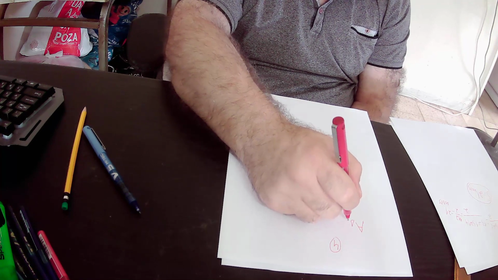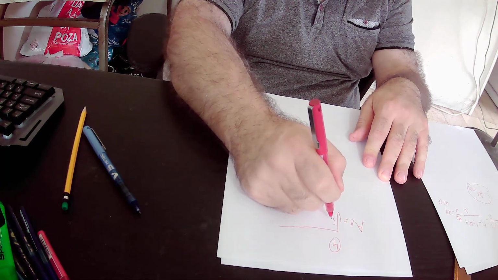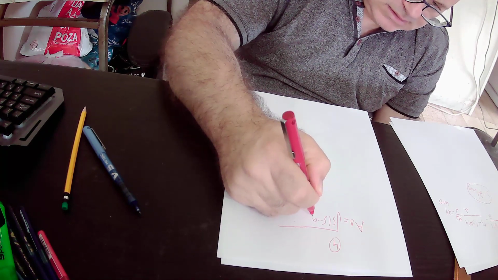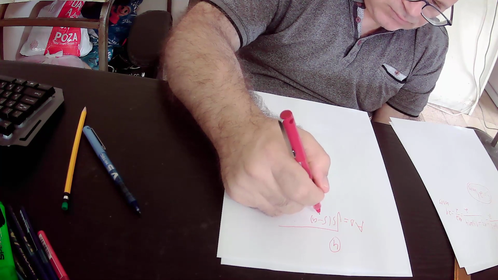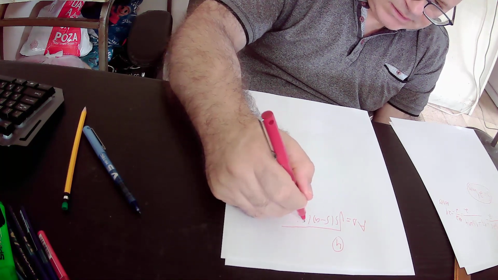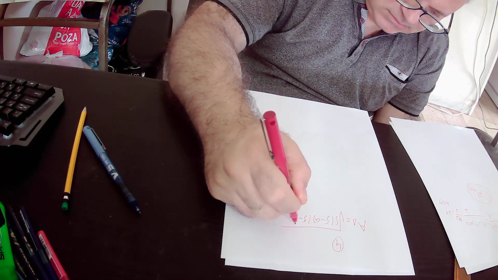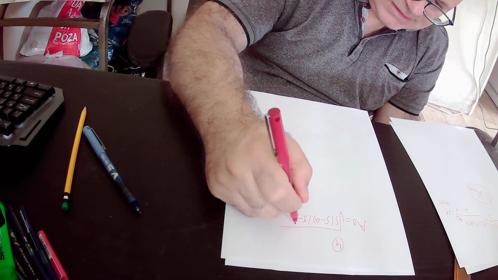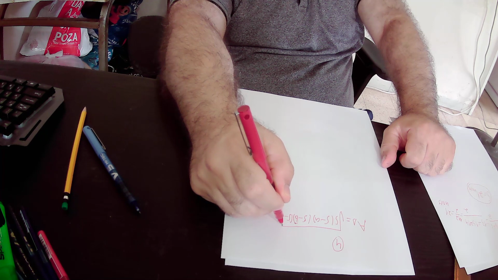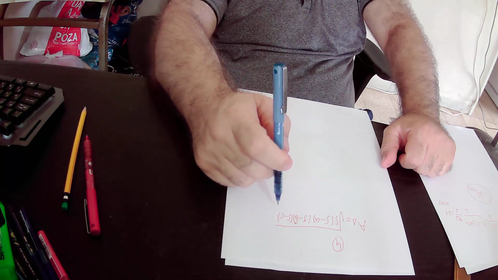The area of any triangle equals the root of S, the semi-perimeter, times S minus A, where A is the size of one of the triangle's sides, times S minus B, where B is the size of one of the triangle's sides, times S minus C. And C is also the size of one of the triangle's sides.